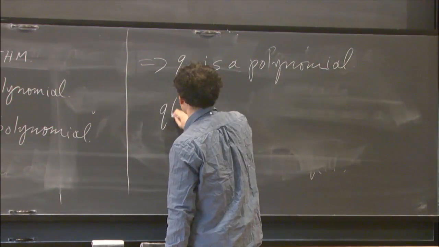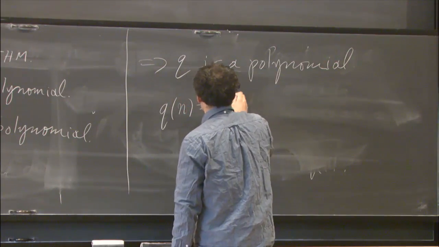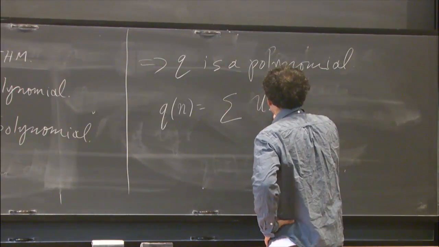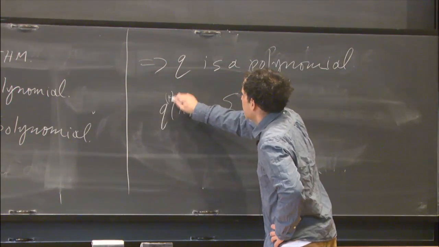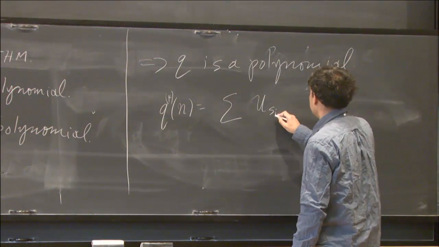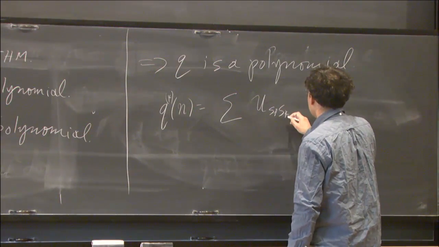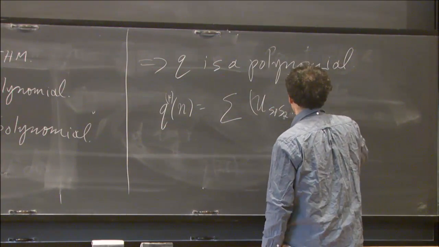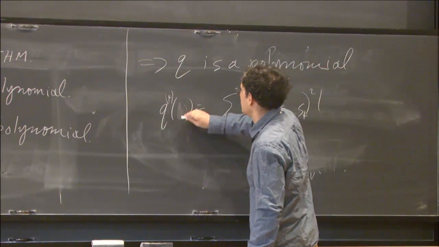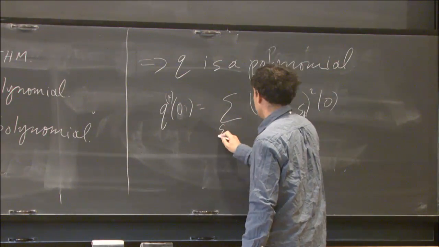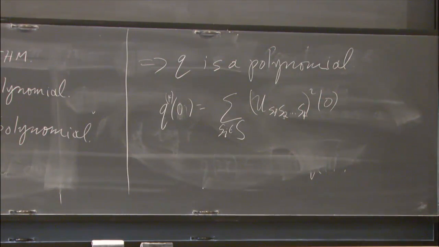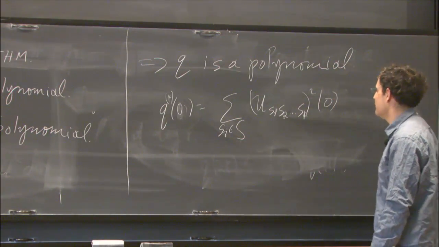Now it is not difficult to check that, in the case of a harmonic function, the k-th derivative of Q is just the sum of all k-th order derivatives of u squared at 0, where the S_i are from the set of 4d symmetric generators of Z^d.